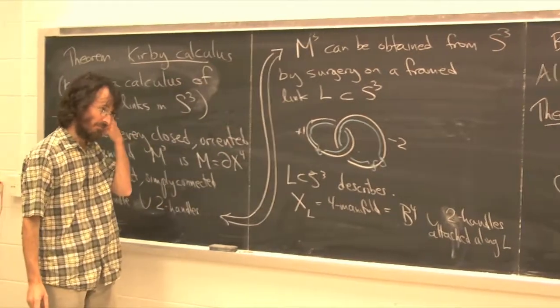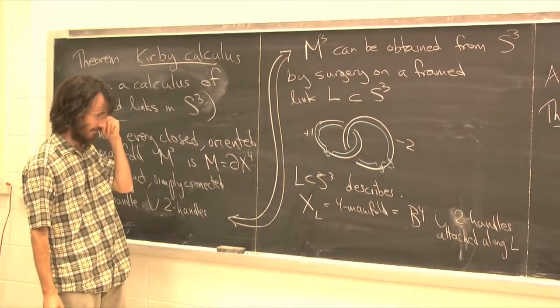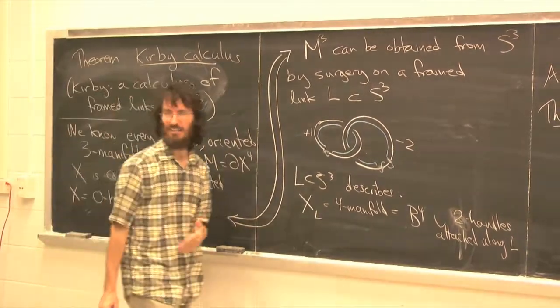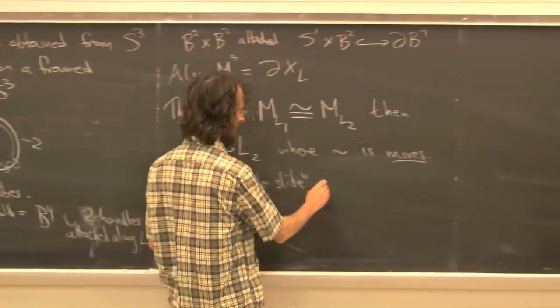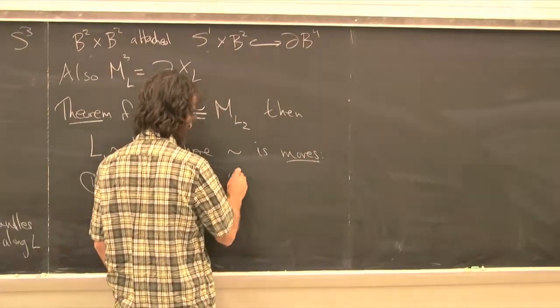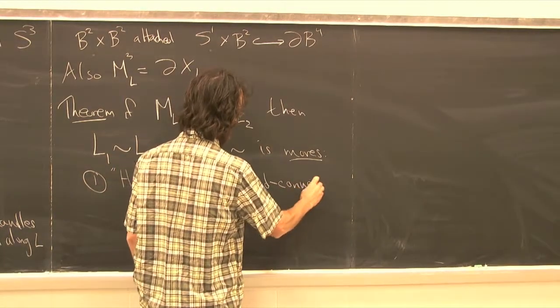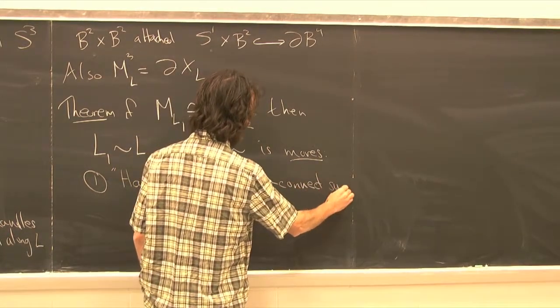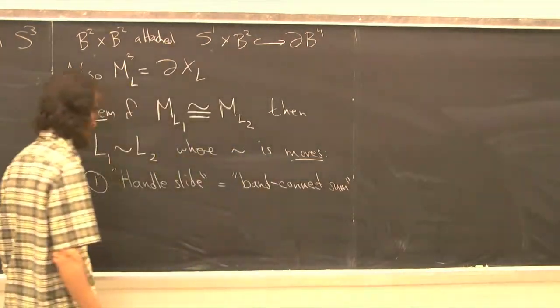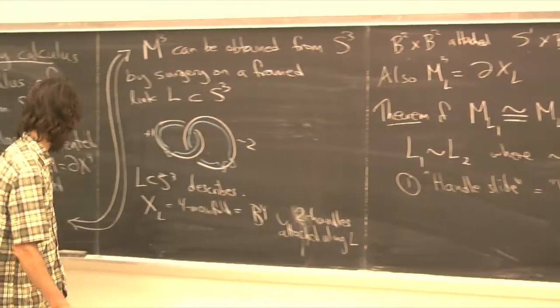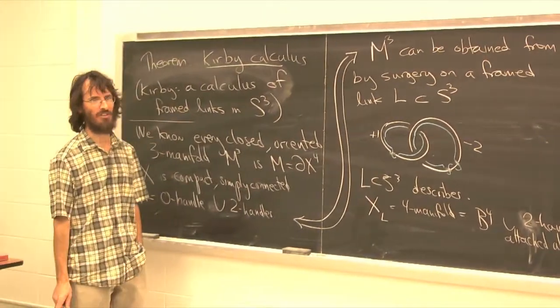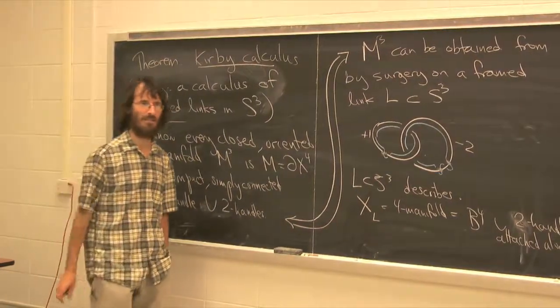So in terms of just a move on a framed link, let's just remember that this equals the band connect sum, and I'll remind you by example what that looks like in a second. So you slide one of the framed links over the other framed link, and it changes one of the framed links and not the other.